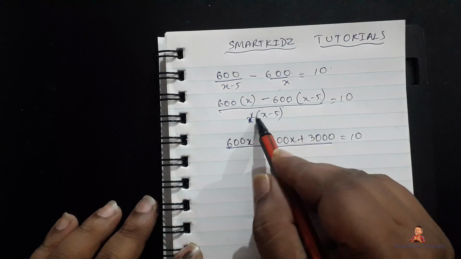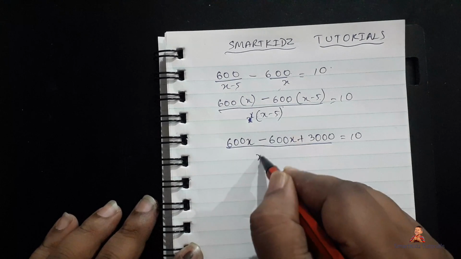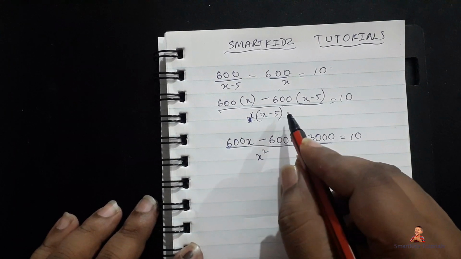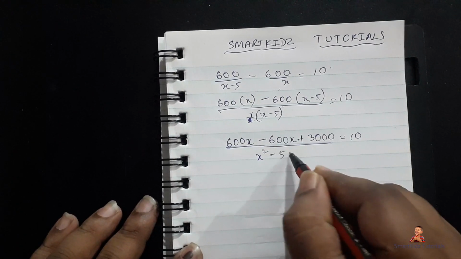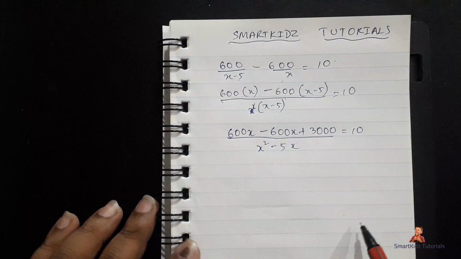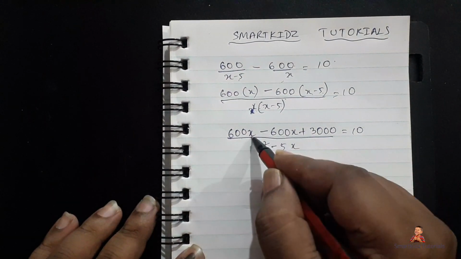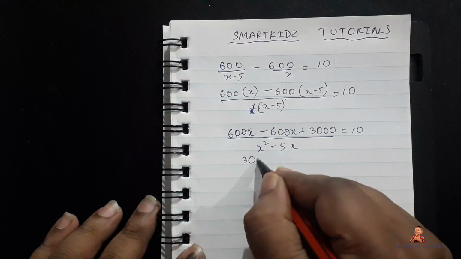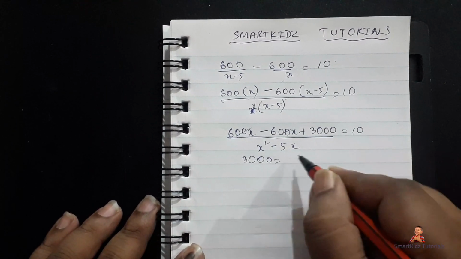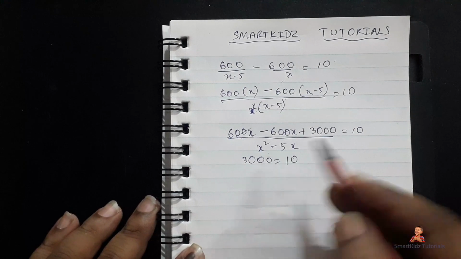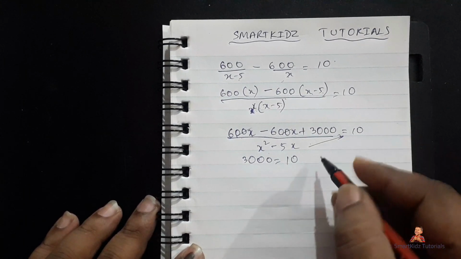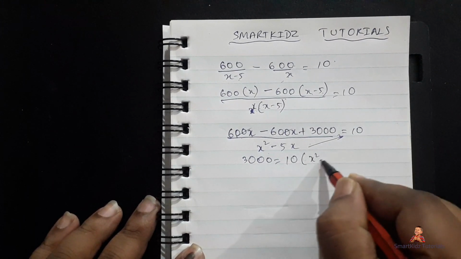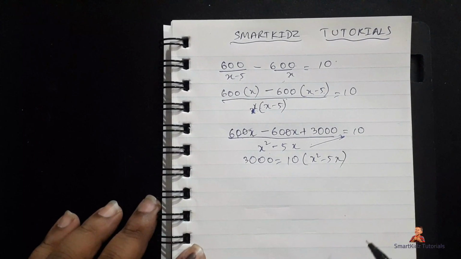So I'll open the bracket here. x into x gives me x square, and x into minus 5 will be minus 5x. So 600x minus 600x, that cancels off, and we are left with just 3000 on top, and we'll write 10 over here, and this will multiply with this, that will be into x square minus 5x.